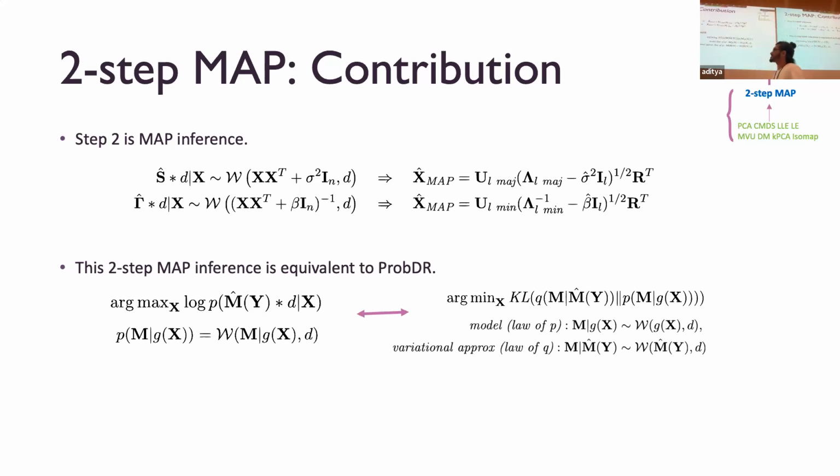And what ProbDR says is basically we can interpret step one as fixing the variational distribution to be the matrix that we compute. And it turns out that the likelihood maximization can be written as a KL minimization.